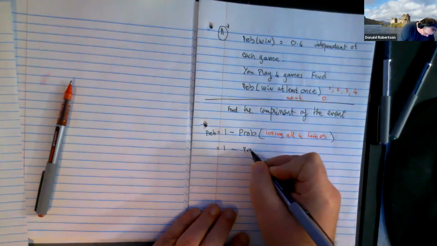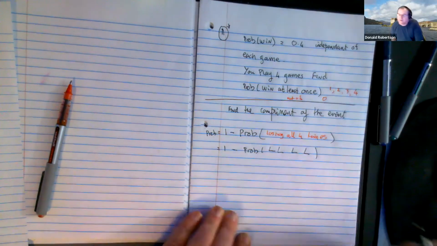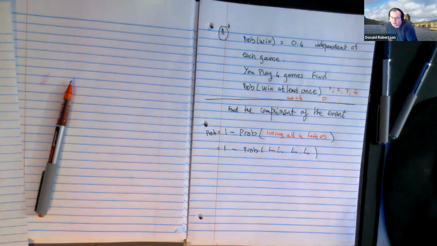because it's the probability that you lose, lose, lose, and lose, right? And isn't that only going to happen one way? So I don't need to figure out all the different permutations of winning 2 games, 3 games, 4 games, 1 game. That would take forever. Isn't this much easier because there's only one event, and that is you lose, lose, lose, and lose.